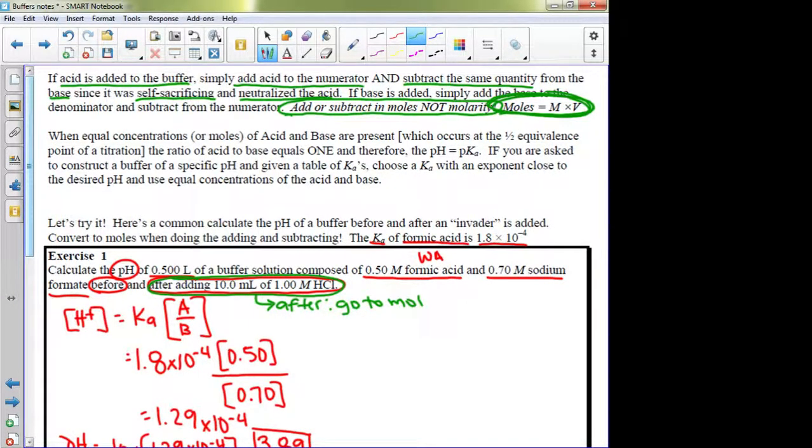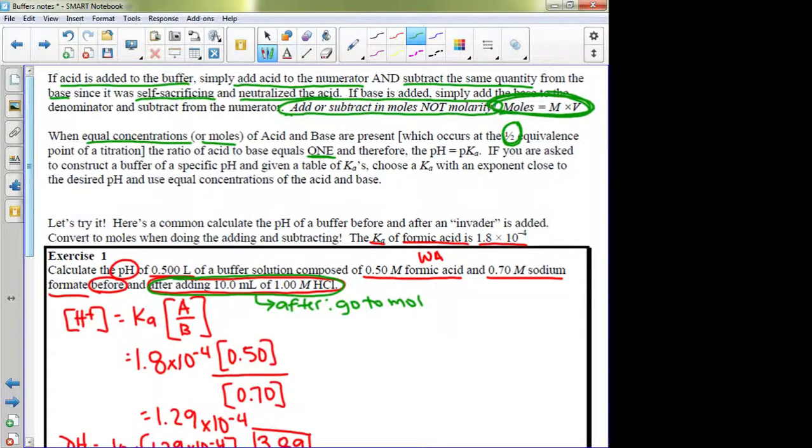If we end up with an equal number of moles of the acid and base, and this happens at the half equivalence point for a buffer titration, that means the ratio of acid to base is equal to 1.